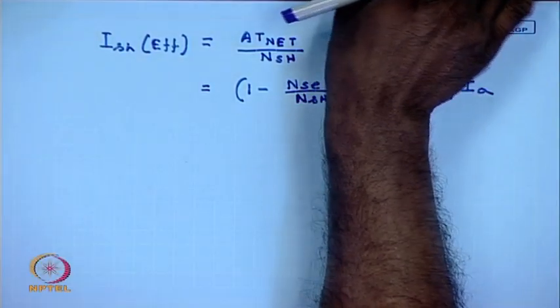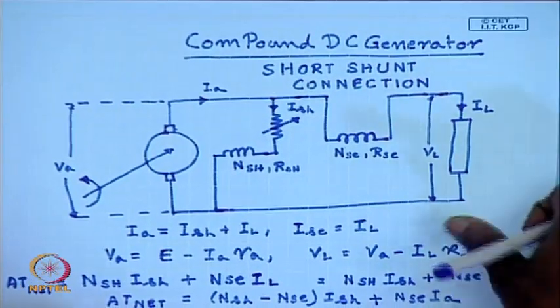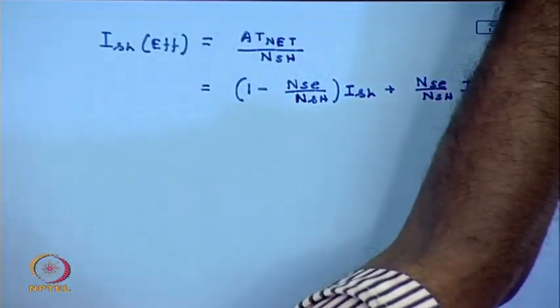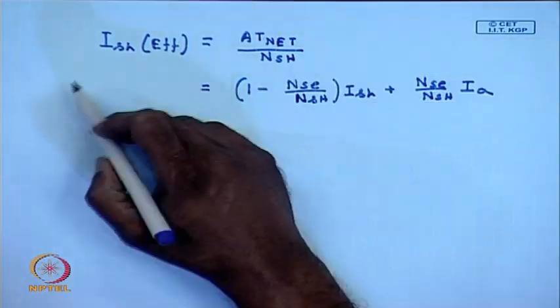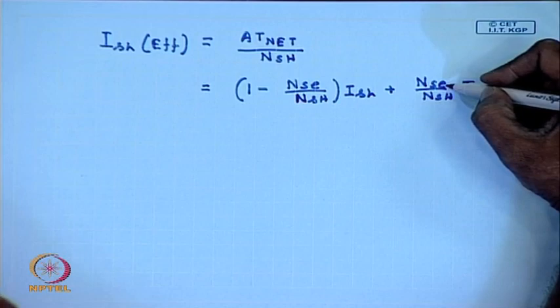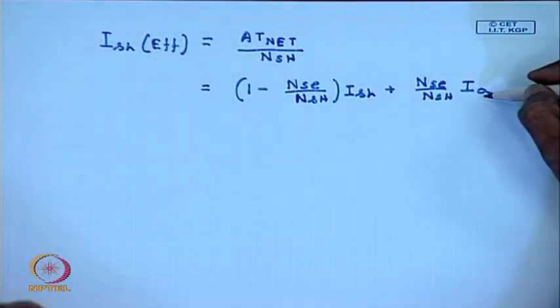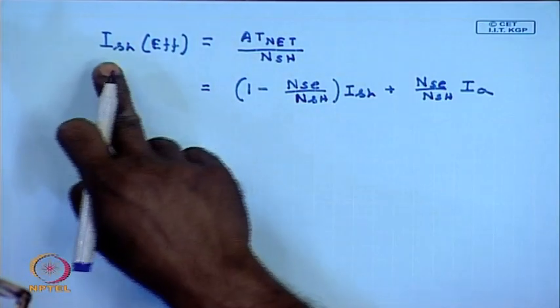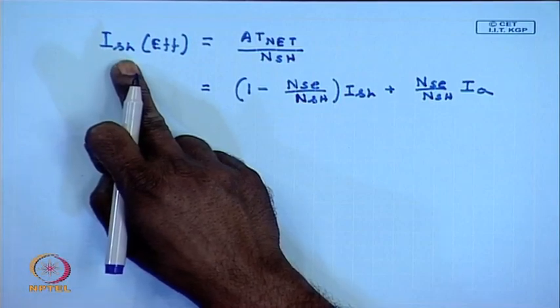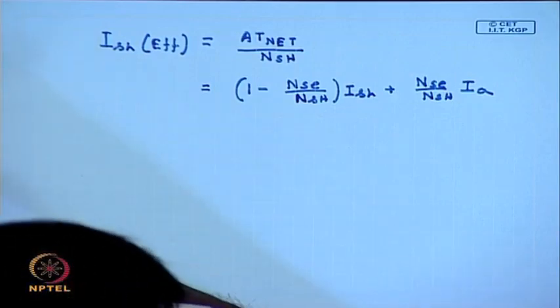So, we see that the series ampere turns can be expressed in terms of effective shunt field current. If NSE is greater than 0, that is, there is a series winding, we see that the armature current flowing through it will alter the effective shunt field current and hence the induced voltage in this generator.